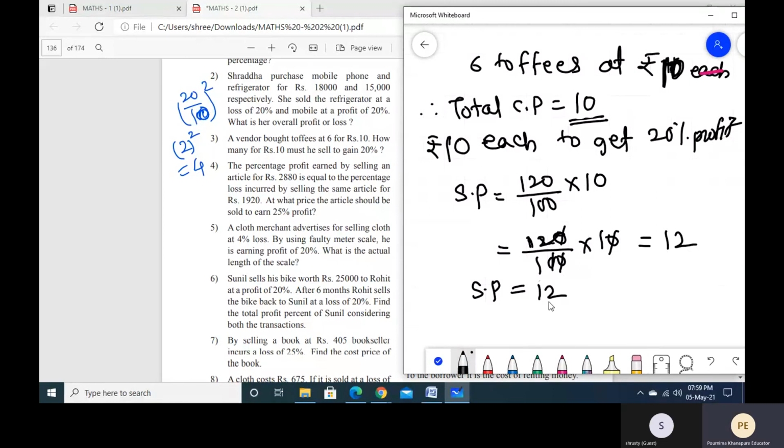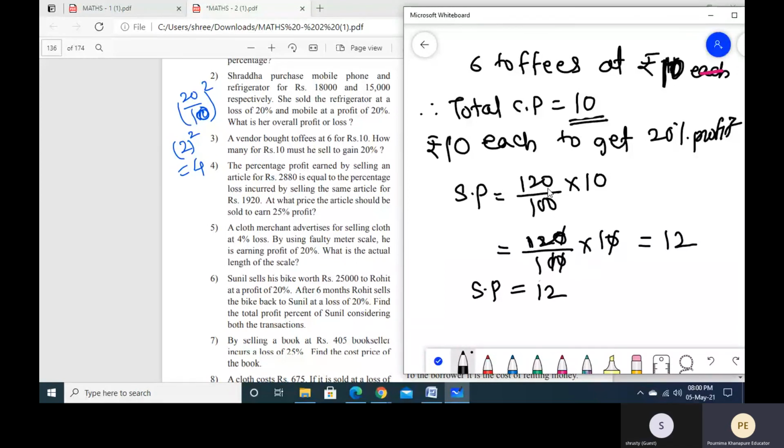Now how many for rupees 10 must he sell to gain 20%? I'm not getting what it is. Wait. Let me just. Question is wrong, ma'am. At 6 for rupees 10 means in rupees 10 he is getting 6 toffees.